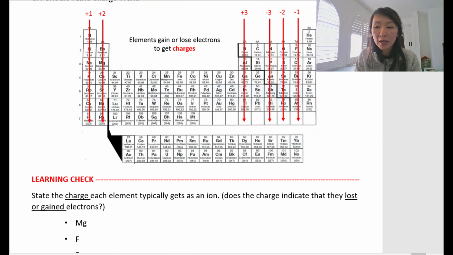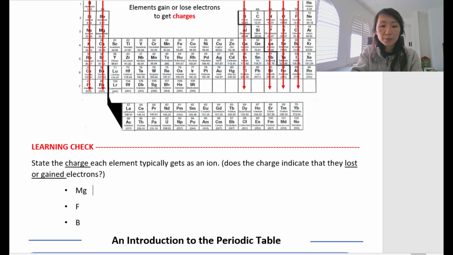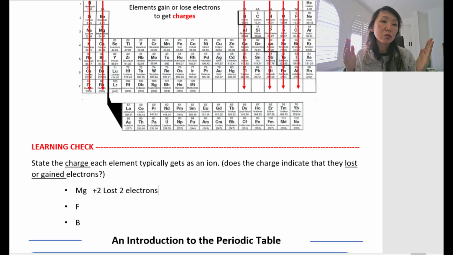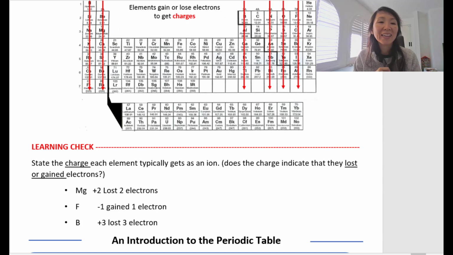So they have +2. +2 is their typical charge as they become an ion. What does that mean? Did they gain or lose electrons? That means that they have lost 2 electrons, so that 2 more positive protons overpower the rest of the electrons. So try the next one and come back. And here is the key.